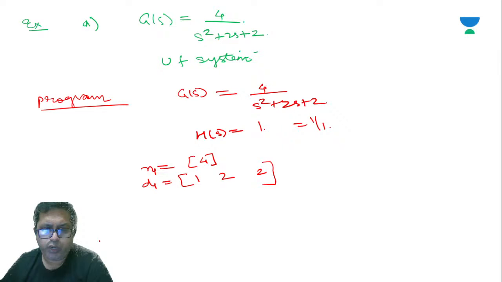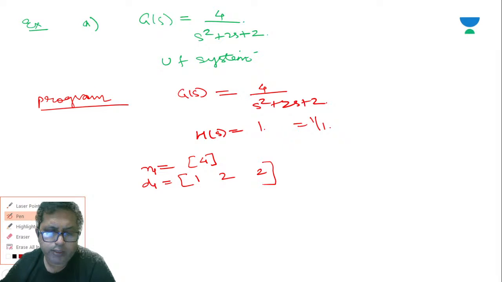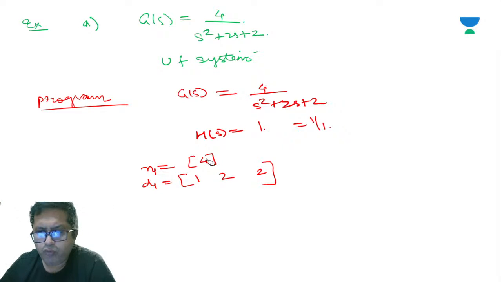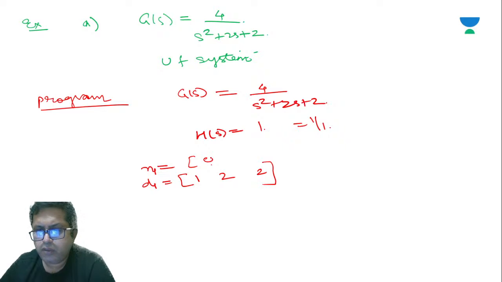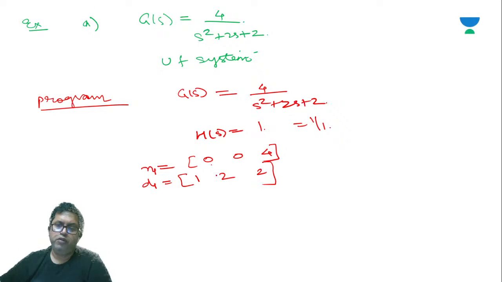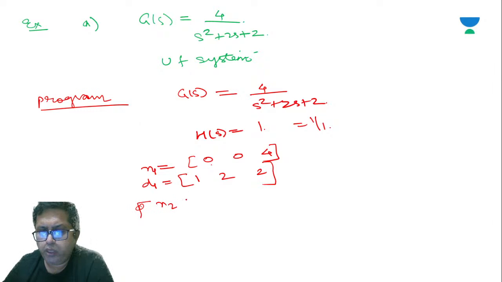I can also write this N1 as 0 0 4. Then N2 is equal to 1, D2 is equal to 1.